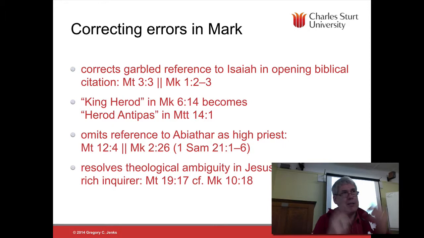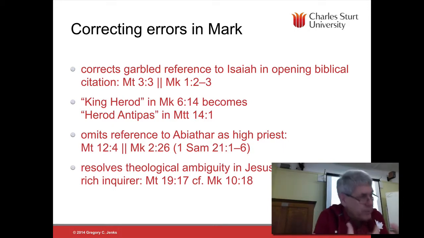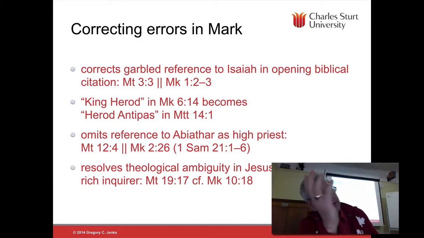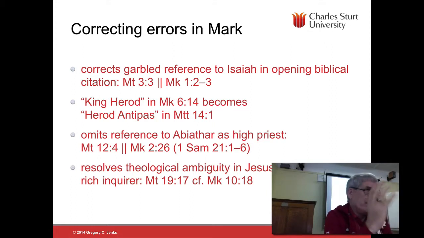But at the beginning of that story, in Mark and also in Luke, the rich person says to Jesus, "What must I do to have eternal life?" And Jesus' response is, "Why do you call me good? There is nobody good but God."